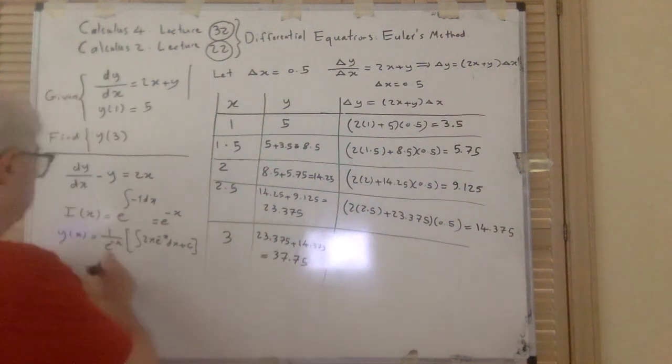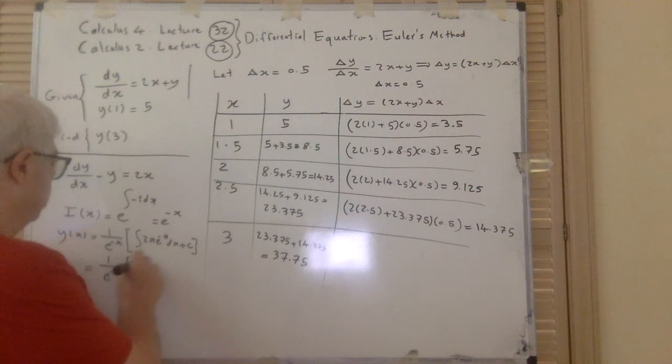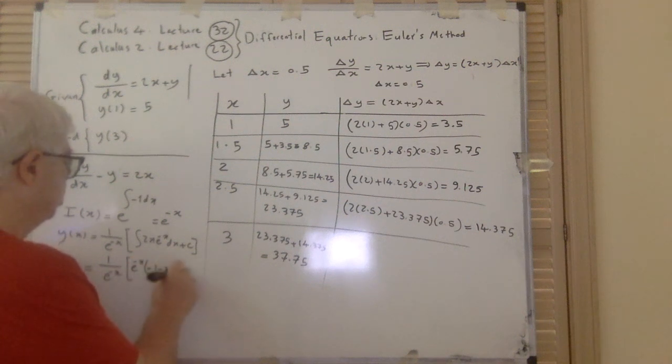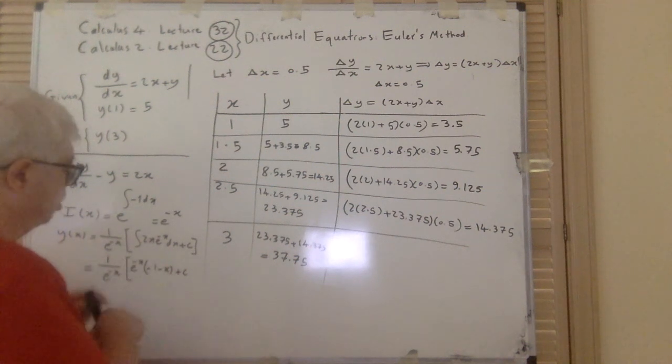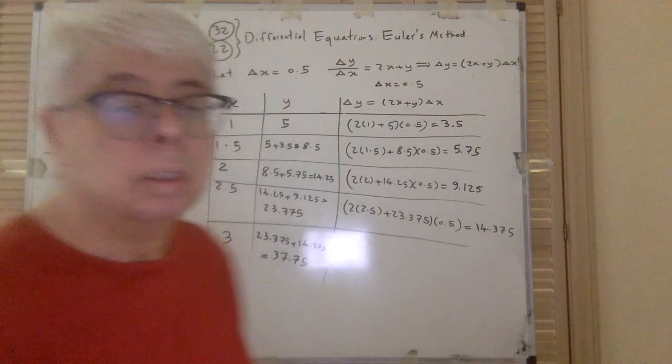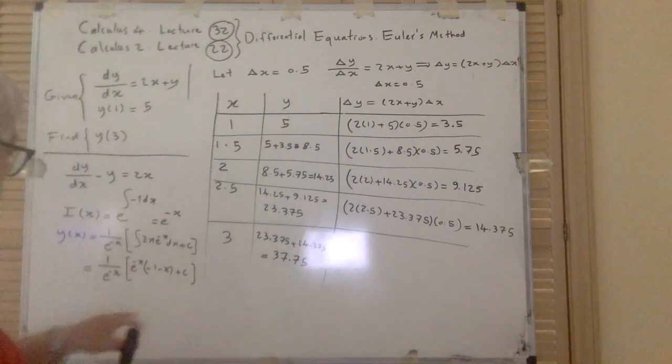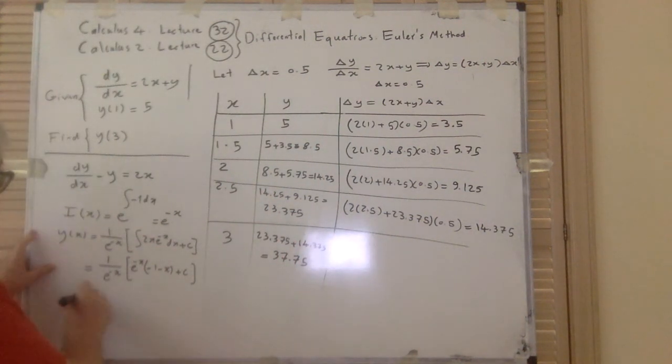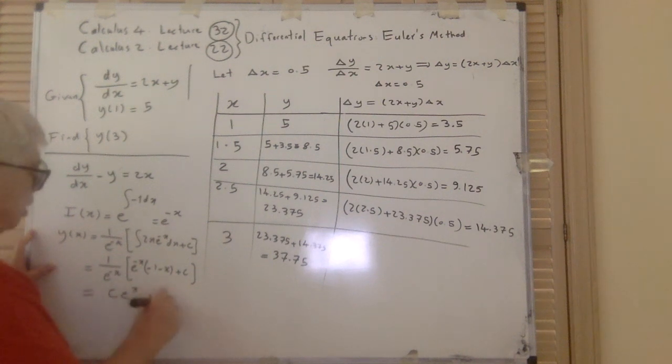So the integral is e to the power minus x times (minus 1 minus x) plus c. So if I bring this in, that will be constant times this, that is c e to the power plus x in fact, and minus 1 minus x.